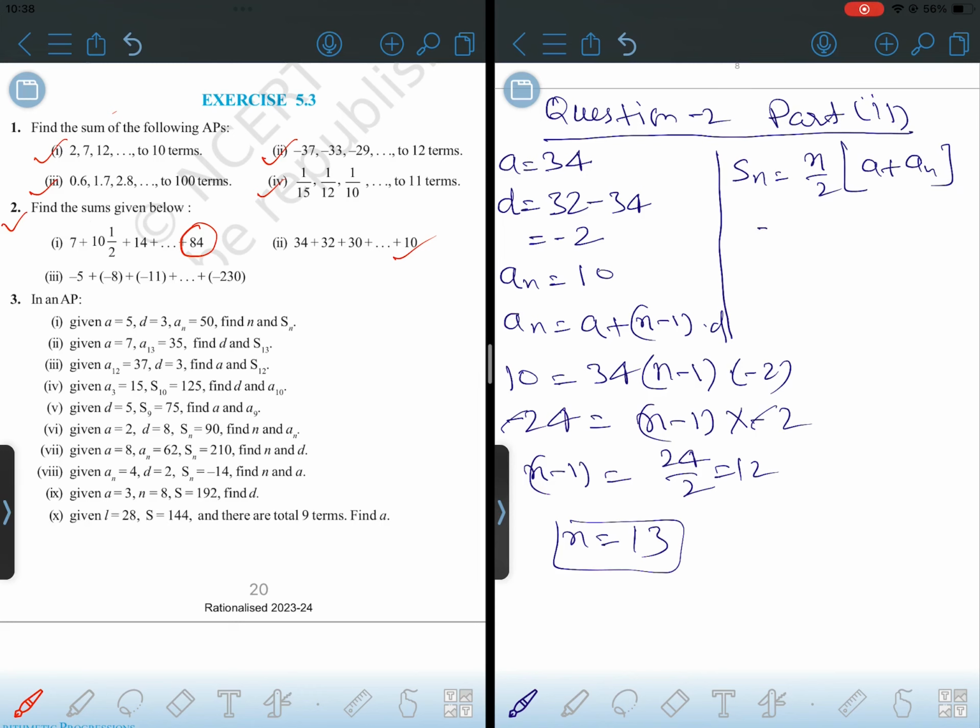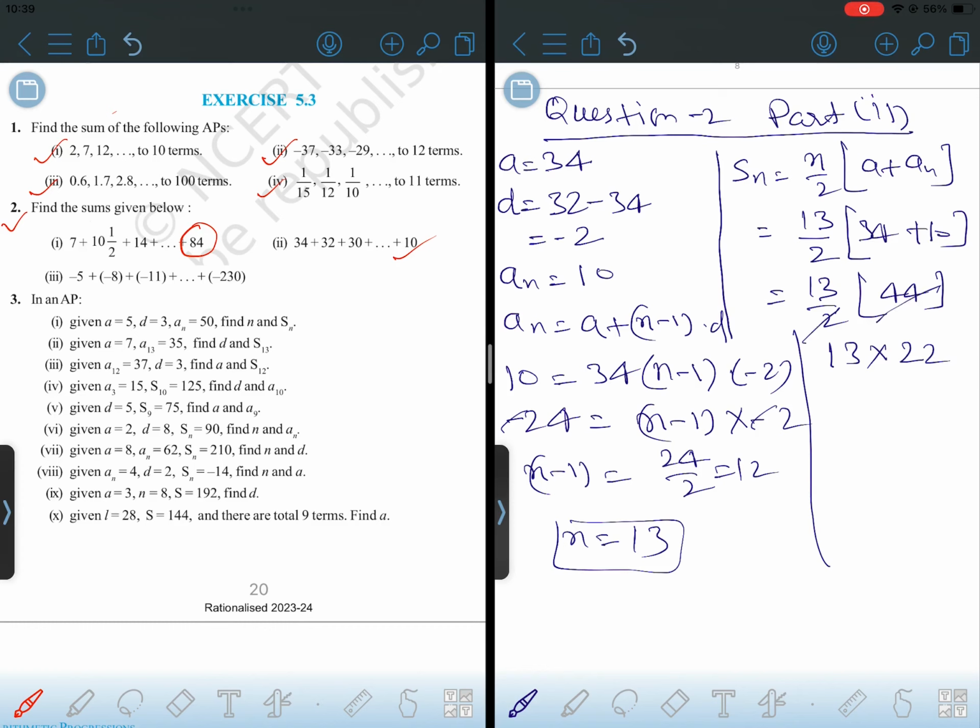So the value of n we have found out as 13 upon 2, in bracket a is 34 and an is 10. So that gives us 13 upon 2 in bracket, this is 44. And then once we solve this, we get 13 into 22, because we can cut this number by 2.